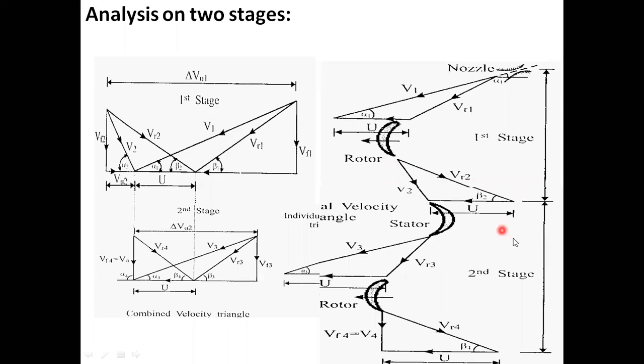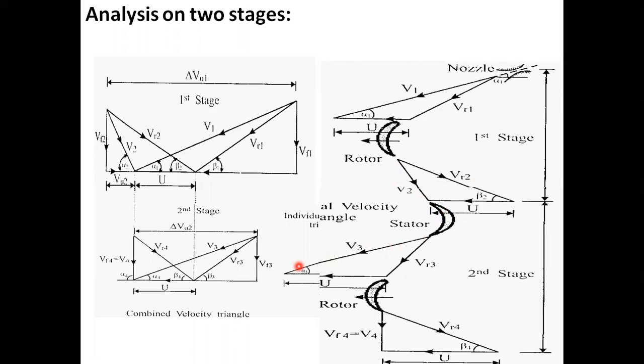This is your V2 and this is your U. After that, V2 flows on the stator blade and leaves at velocity V3.